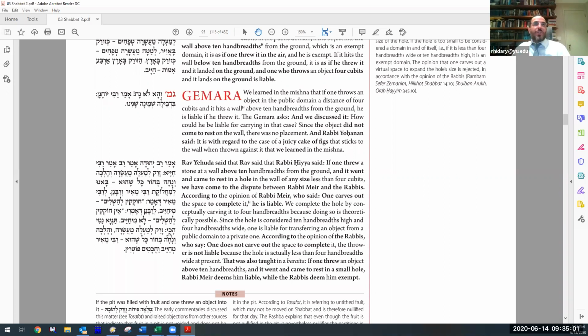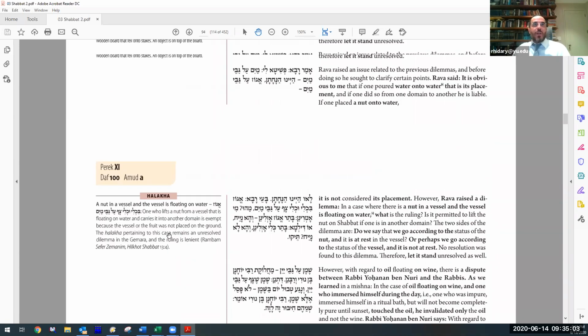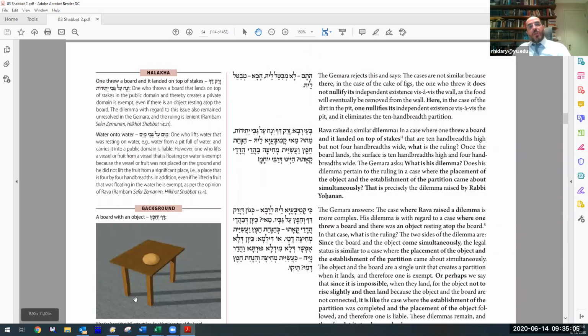And so here, if you can imagine it this way, I think is the best way. Let's say you have a table or a wall. Let's say this was a wall. It was 10 tefachim high and 4x4. So certainly, if you throw on top of this, shutei yachid, you would be chayav. Okay, what if I build on top of this? I build bricks all on top of this. I just leave a little sliver that's not built, right?